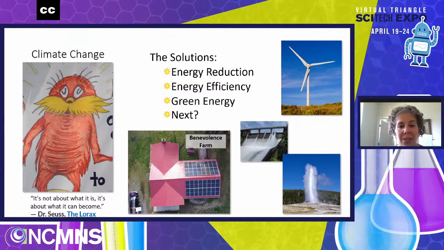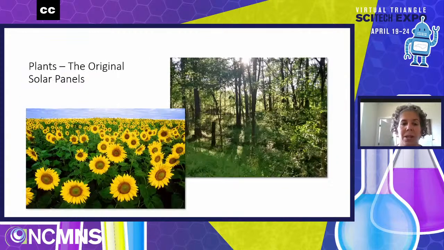And so what's next besides these possibilities, wind, hydroelectric, geothermal, and solar? And this next part's cool because, as I said, Copernicus kicked off the scientific revolution, and that revolution is just cranking forward. So we're going to step back a minute and talk about the original solar panels, which are the plants.